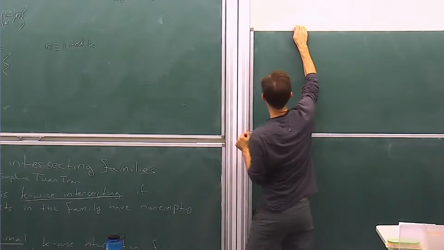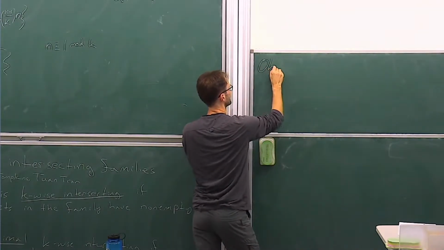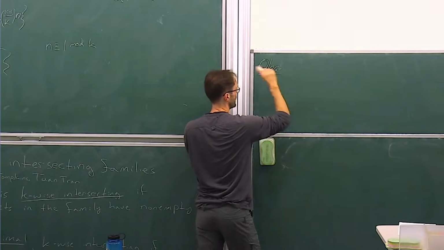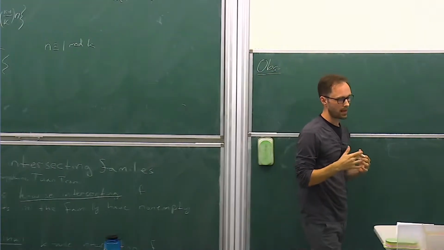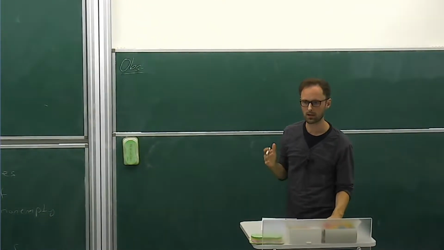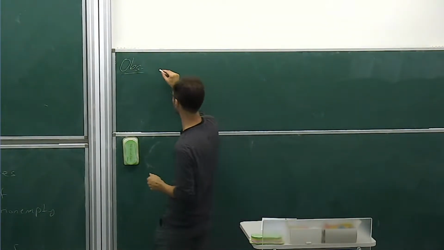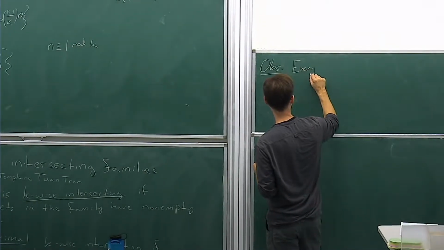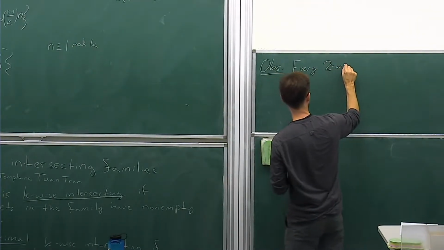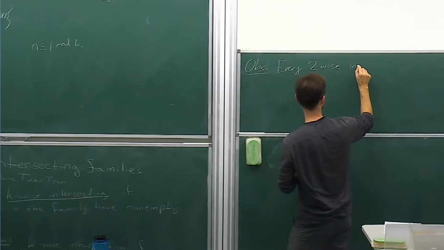So here's an easy observation. Any pairwise intersecting family has size at most 2 to the n minus 1.